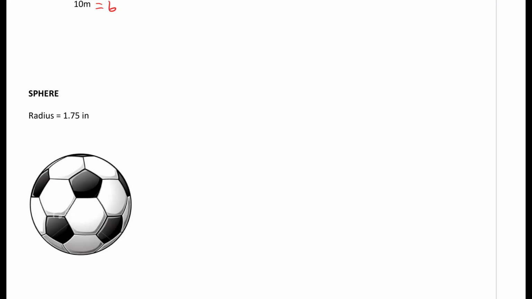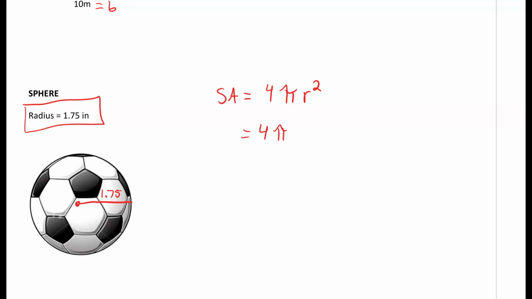Next, we have a sphere. So we have a radius, which is 1.75. So the center of it out is going to be 1.75 inches. The formula that we're going to be looking at is surface area equals 4 pi r squared. So surface area equals 4 times pi times 1.75 squared.